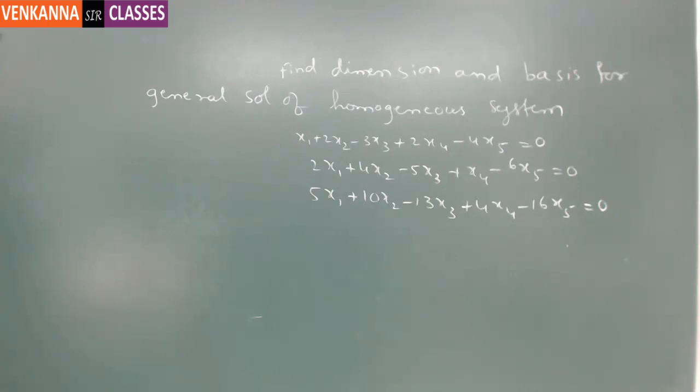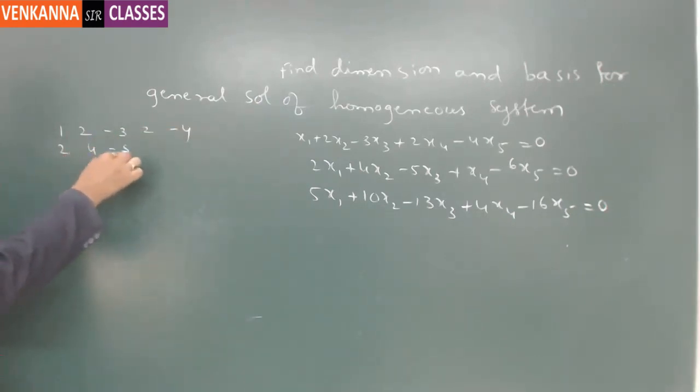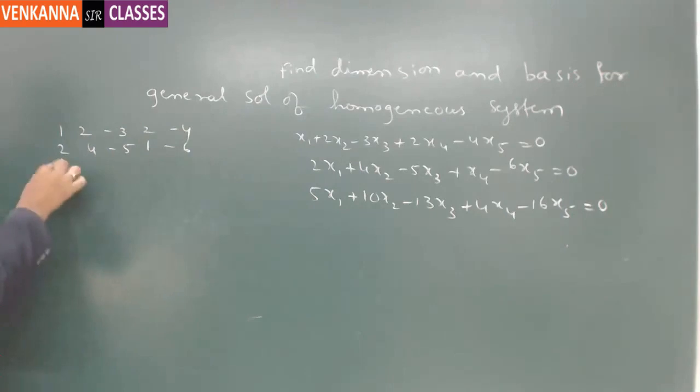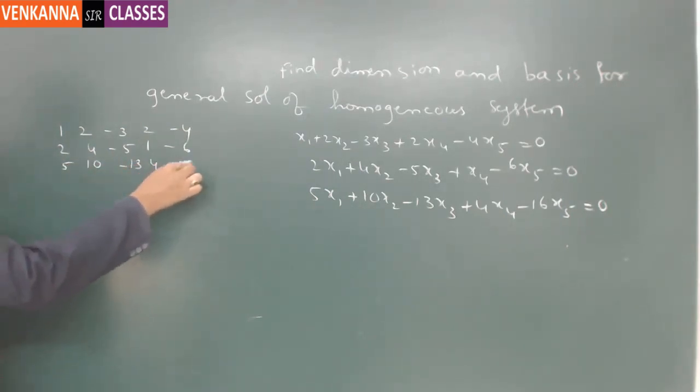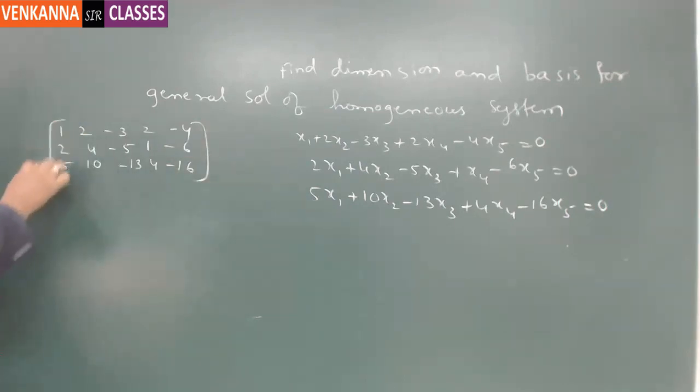So as we know how to solve the homogeneous system, let us write the corresponding matrix form here. So you will get 1, 2, minus 3, 2, minus 4, 2, 4, minus 5, 1, minus 6, then 5, 10, minus 13, 4, minus 16. Now let us reduce that into echelon form.